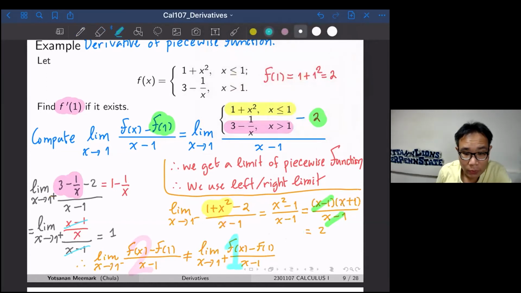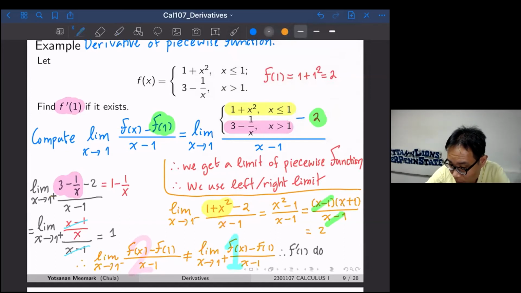Okay, so you have 2 not equal to 1. So you're going to say that f prime of 1 does not exist.